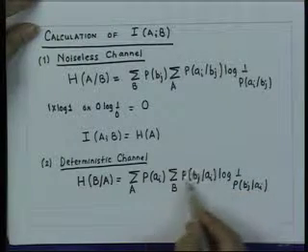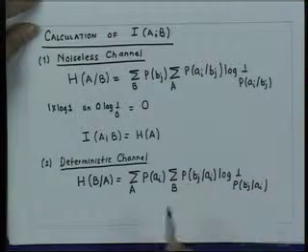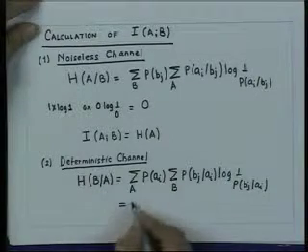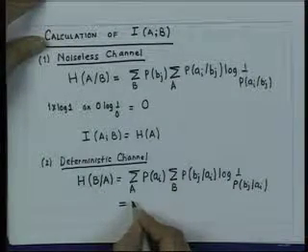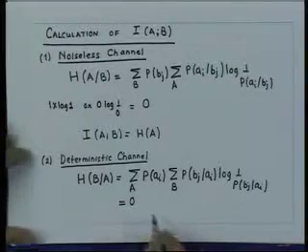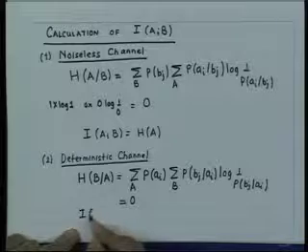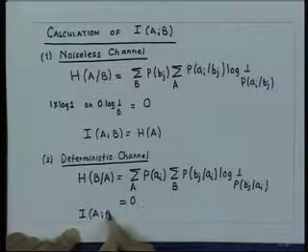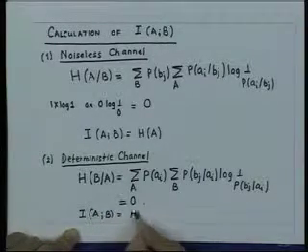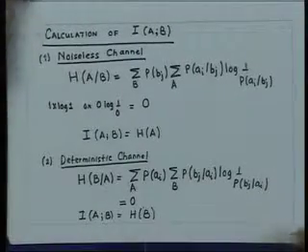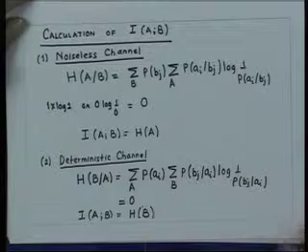Since each of these is of the form 0 or 1, again H of B given A is equal to 0, and for a deterministic channel I get mutual information equal to H of B, that is the entropy of the output alphabet.